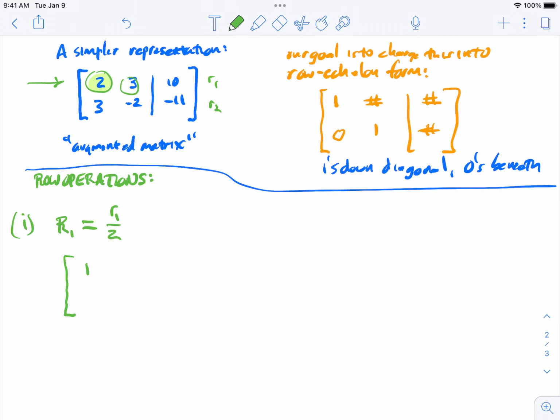We take the 3 and divide by 2 to get 3/2. We take the 10 and divide by 2 to get a 5. We just operated on row 1. We did not operate on row 2, so just copy those back in. That's what our augmented matrix looks like now, because we did a row operation. We got our 1.